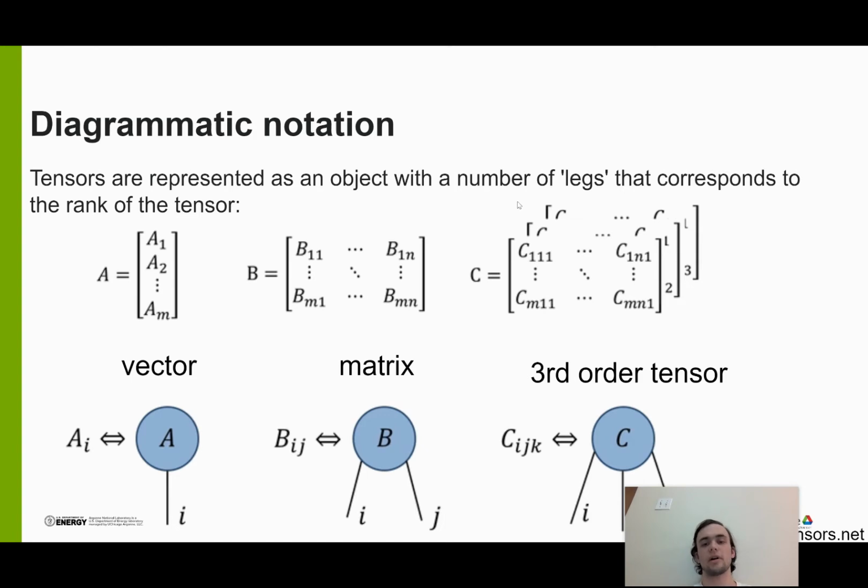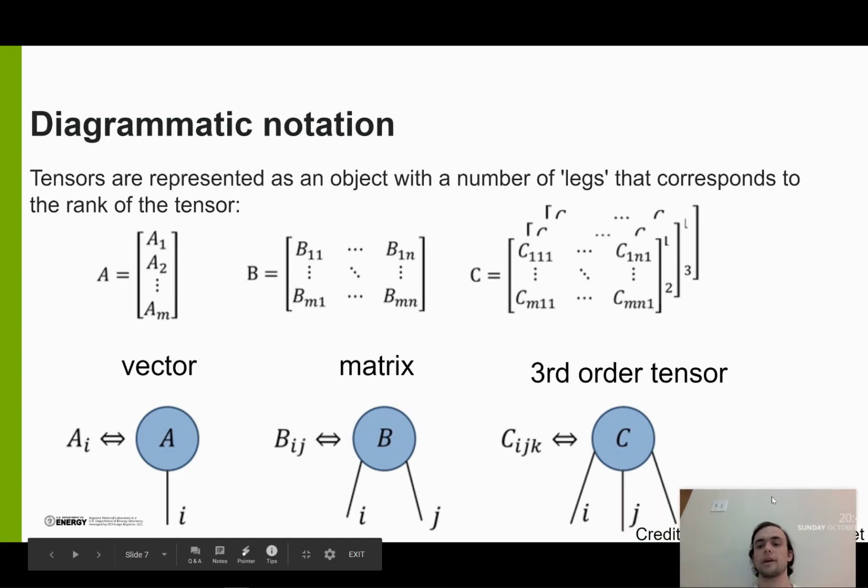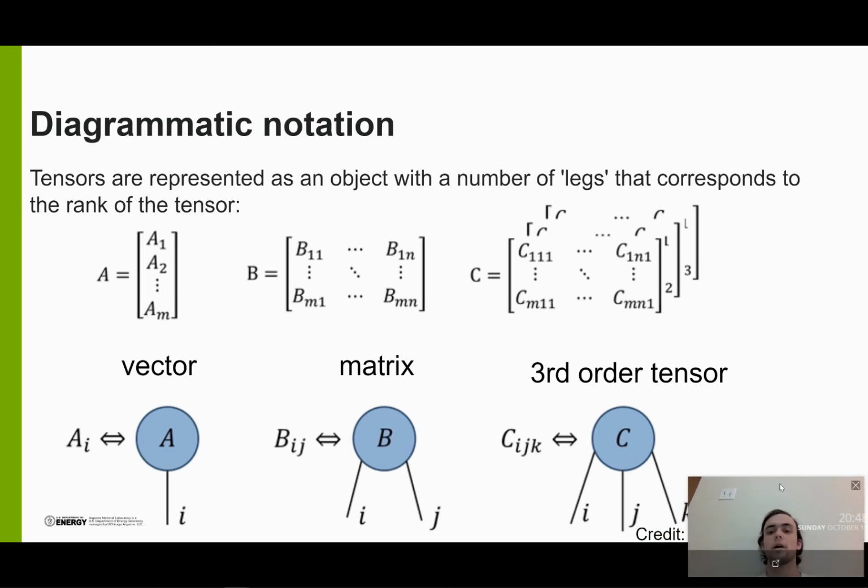Then if you go one dimension higher, you have a single node that is your tensor, and you have two edges that are your indices. And you get an idea. The higher you get, the more edges you have for a particular node.